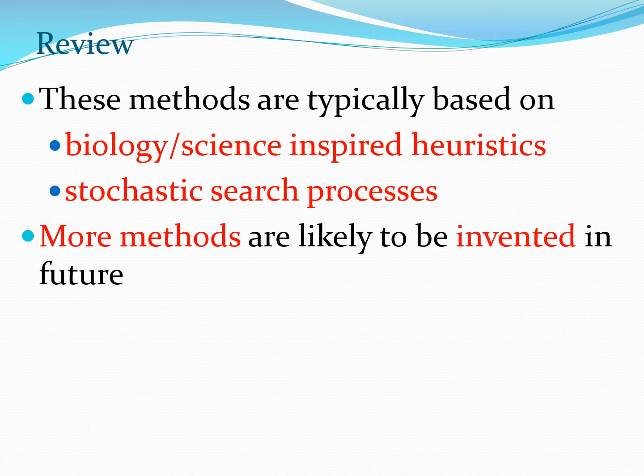And all of these methods essentially combine heuristics with stochastic search processes. So heuristics are simply rules of thumb which are written in a manner that they are a series of steps which can be programmed into a computer, and the stochastic process comes in through the use of random variables, populations generated from random variables, and basic decisions being made by the generation of random numbers.